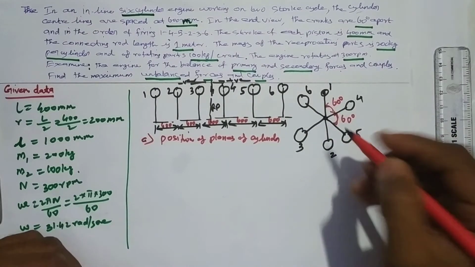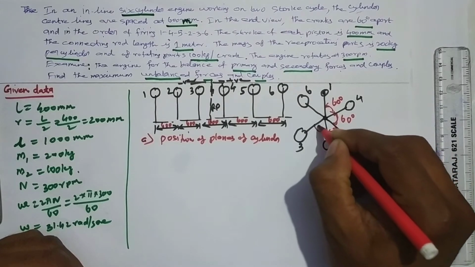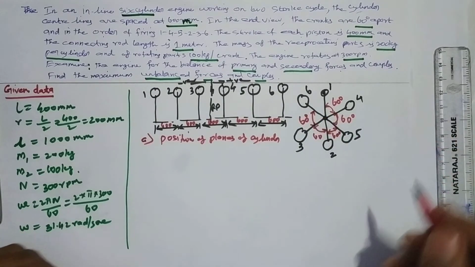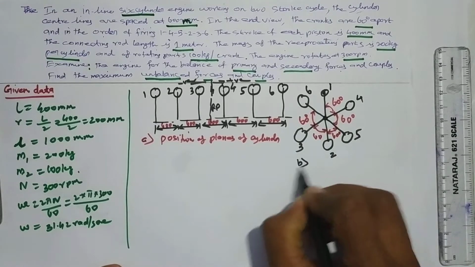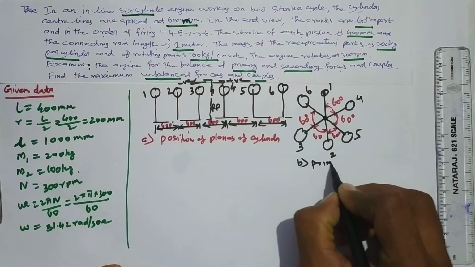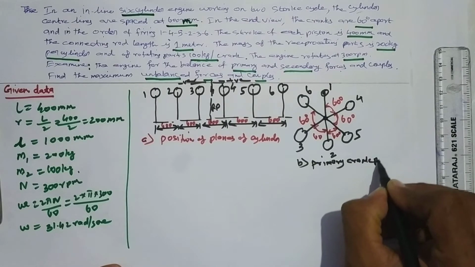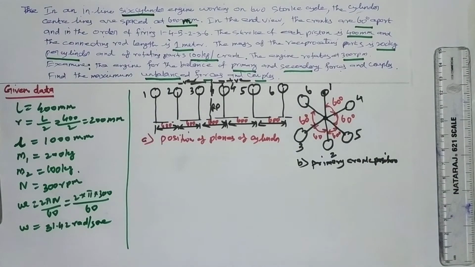Each cylinder is 60 degrees apart. This is called the primary crank position. Now we go on to draw the table.